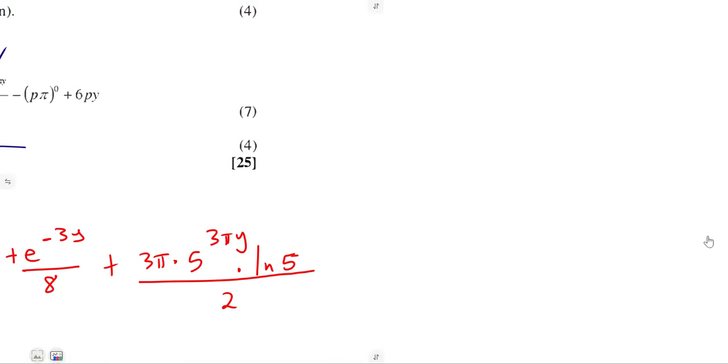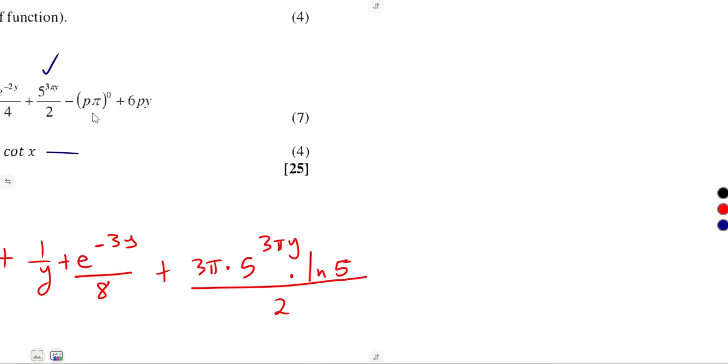All right, let's move on to negative p times pi to the exponent of 0. Everything to the exponent of 0 is going to give us 1. So the derivative of 1 is a constant, guys. That's a 0, so that's minus 0 there.